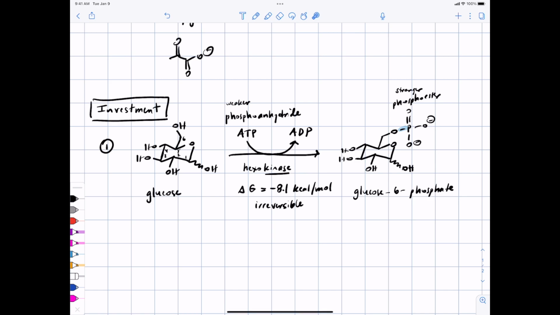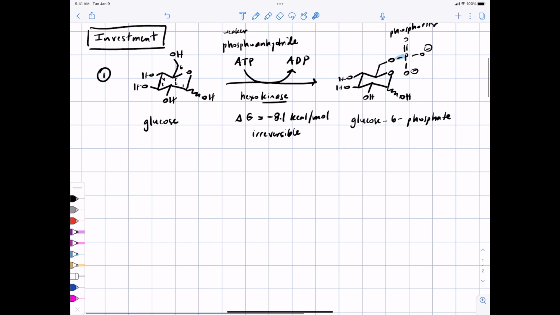And most of the steps in glycolysis that are irreversible are also highly regulated. We won't talk about that in OChem. That's a subject for biochemistry, about how enzymatic steps are regulated. But it makes sense. You don't want to commit to something if, for example, you don't need to metabolize glucose at the moment. And so hexokinase is one of the regulated enzyme steps.